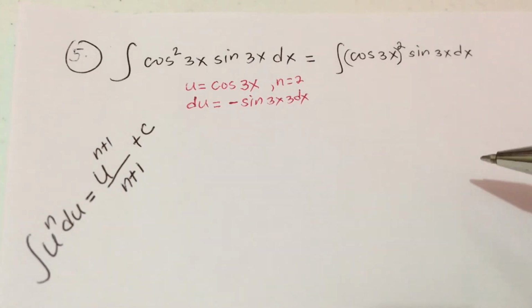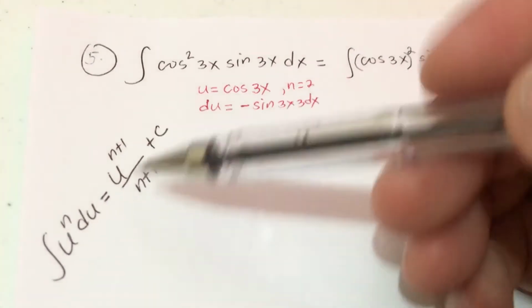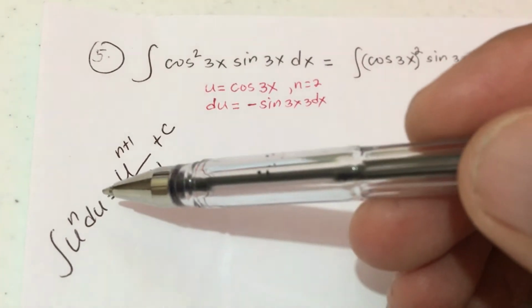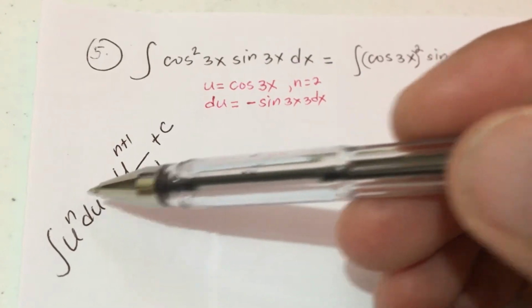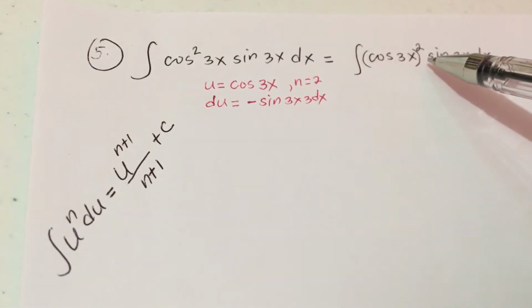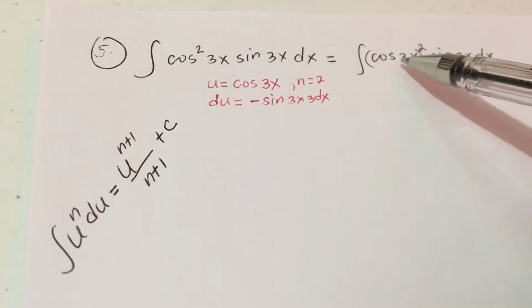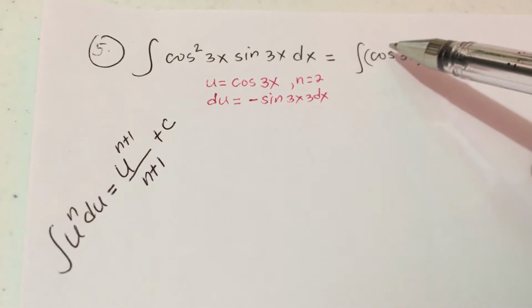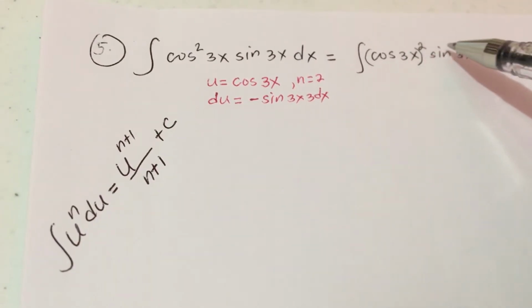So remember that we can apply this formula only if we have a perfect du. Now if you look at the given and compare this, if you can consider this as our u to the n, so this must be our du.